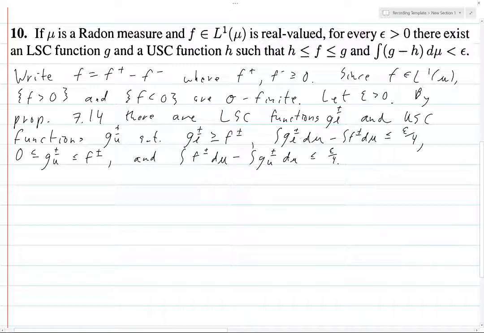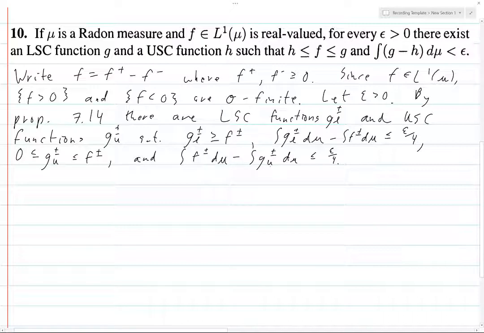It's only epsilon over 4 with respect to the mu measure. That's how close we can get. We can get as close as we want, and we've chosen these to get epsilon over 4 close. And then, of course, same thing for the upper semi-continuous functions.